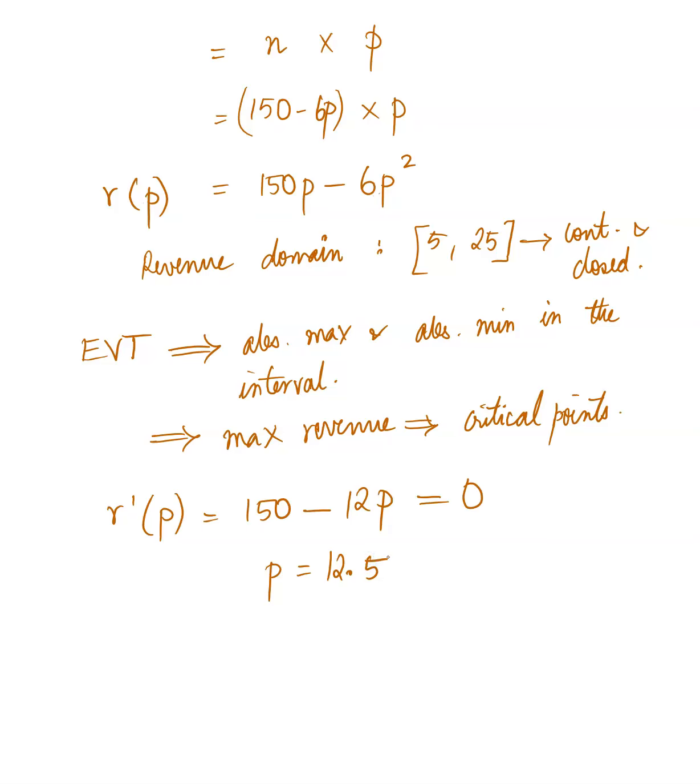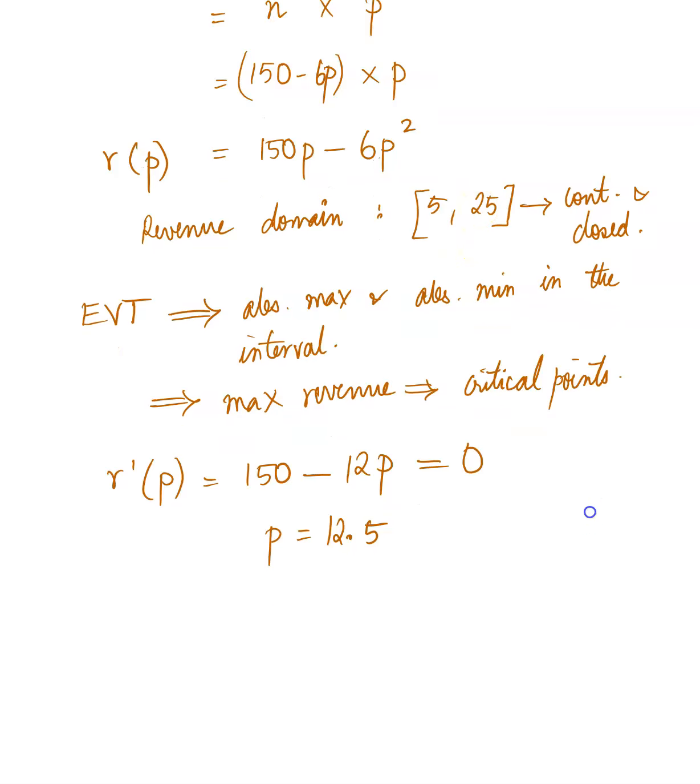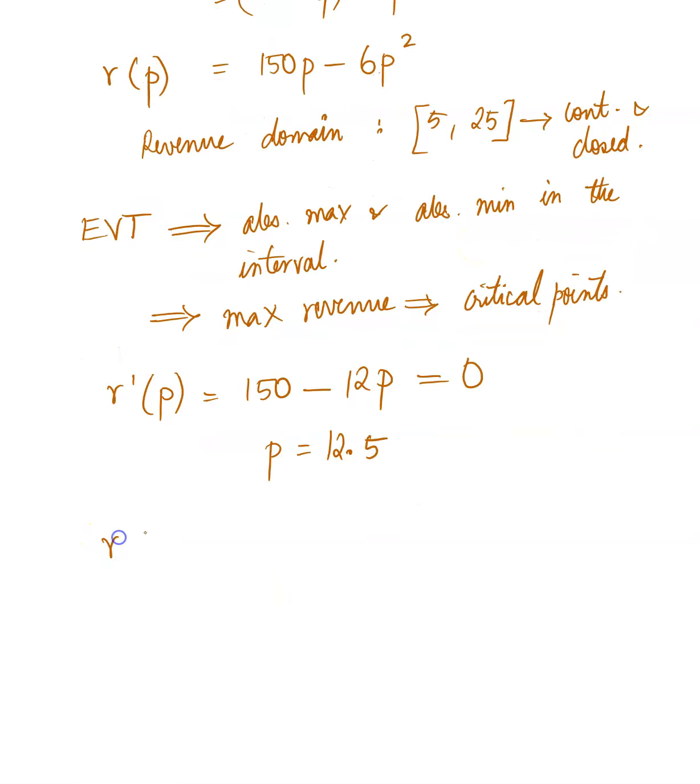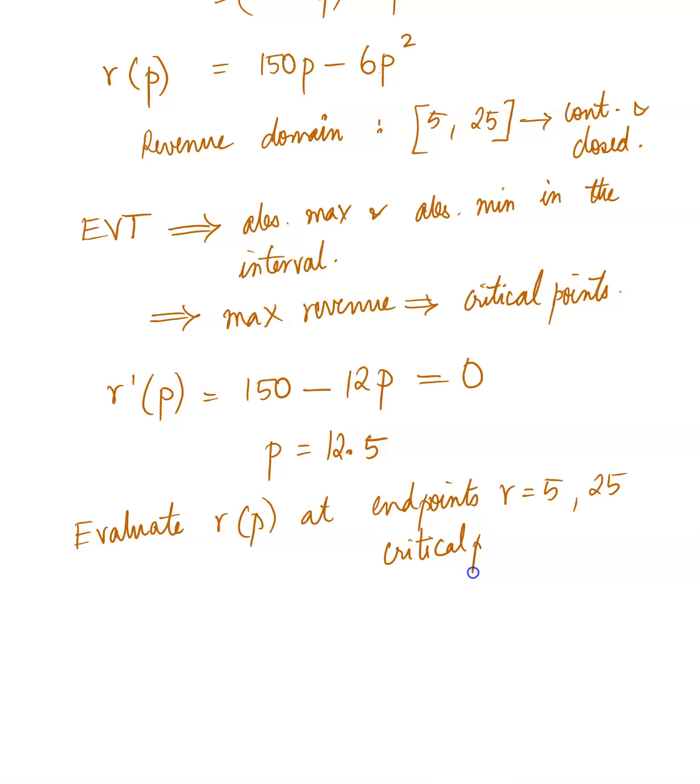So 12.5 is an interior value. Clearly it is in the interval 5 to 25. So let's now evaluate R of P at the endpoints 5 and 25, and the critical point, which is in the interior of the interval.